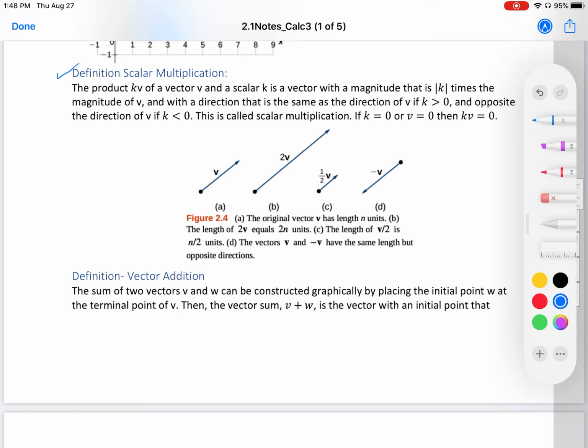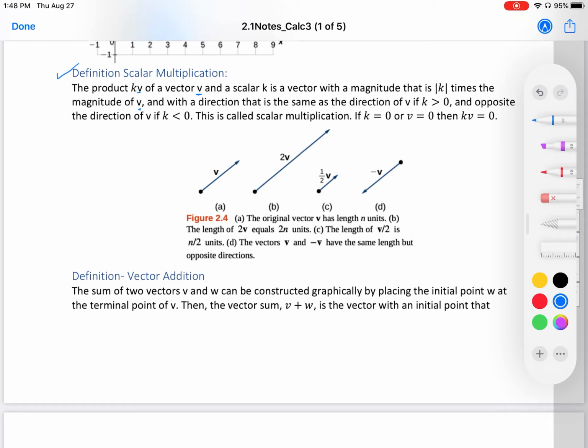This is called scalar multiplication. If k equals 0 or v equals 0, then kv is equal to 0. Whenever you see a v, it's supposed to be a bold-faced v, and that's how we write a vector.